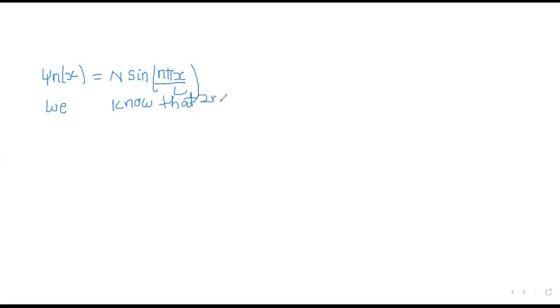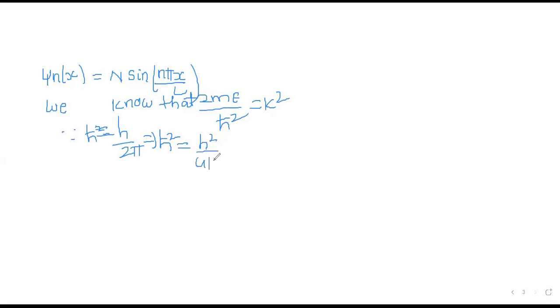2m, right? So you had the information: 2mE by h bar square is equal to k square, which we have just considered. Here h bar is h by 2 pi, so h bar square will become h square by 4 pi square.